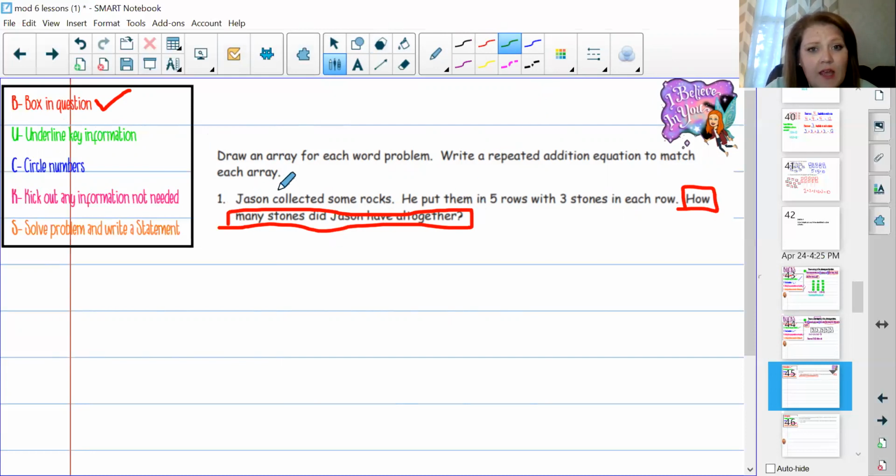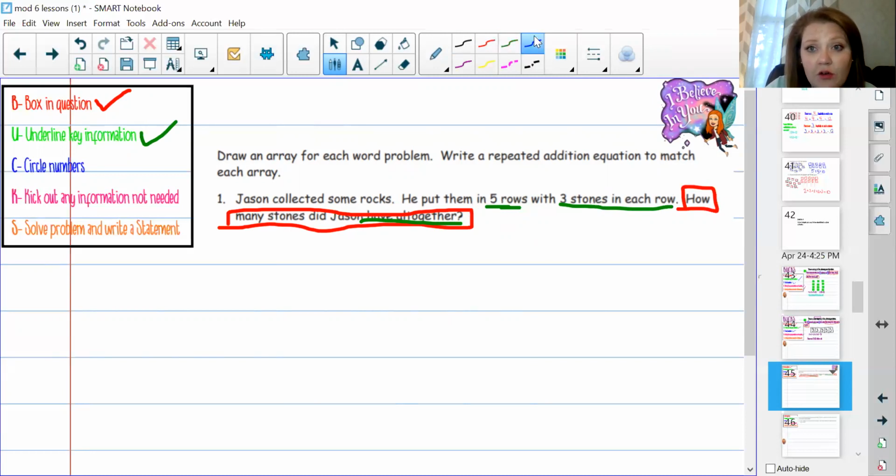So he made 5 rows with 3 stones in each row. So I'm going to underline all of that. 5 rows with 3 stones in each row. And then I'm going to underline my words all together, because that's going to let us know what operation we're going to do. Are we going to be adding, or are we going to be subtracting? All right, cha-ching, I underlined my key information.